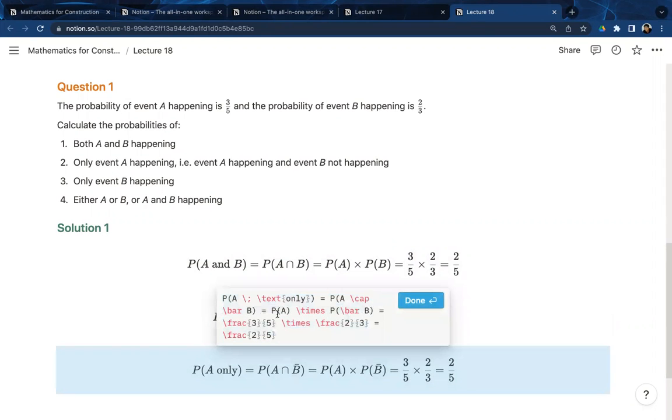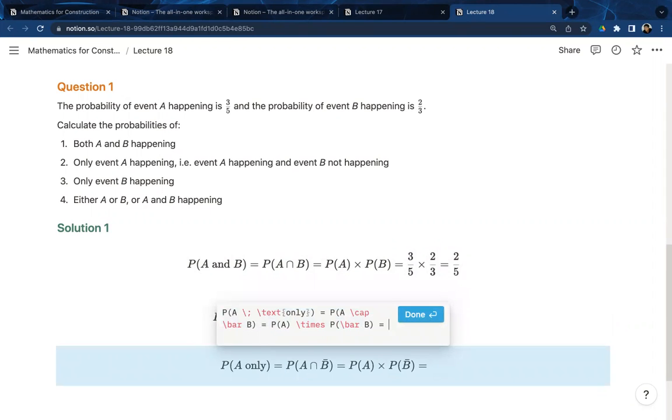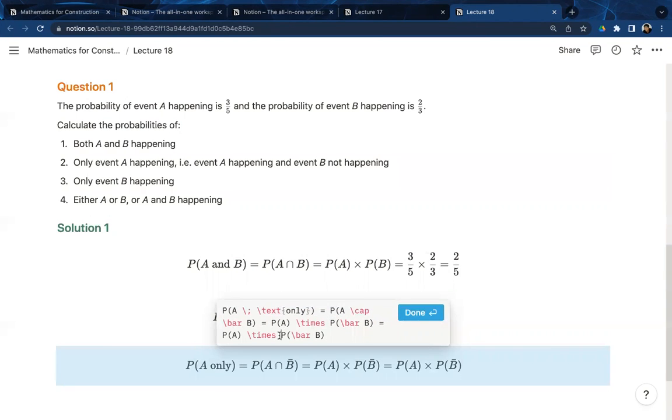So I could write this here. The probability that B does not happen is 1 minus the probability that B happens. Either B happens or it doesn't happen.